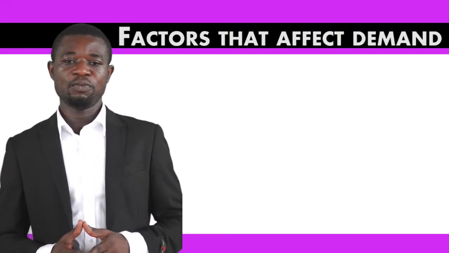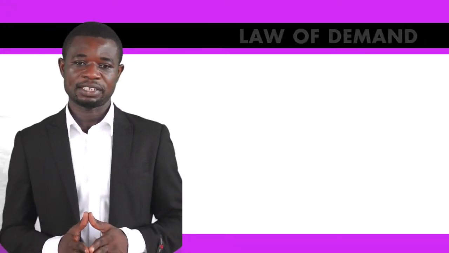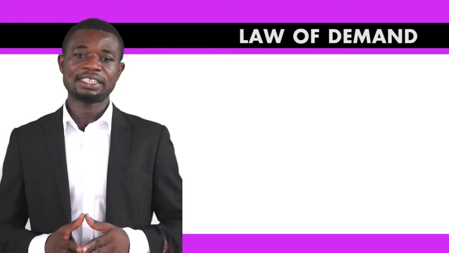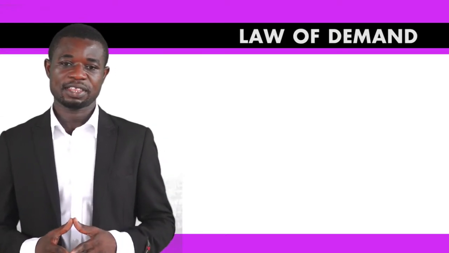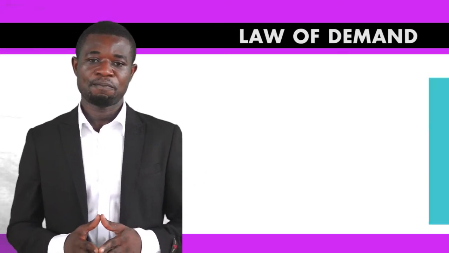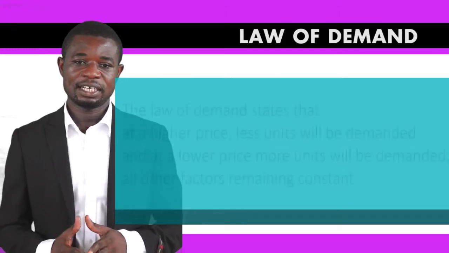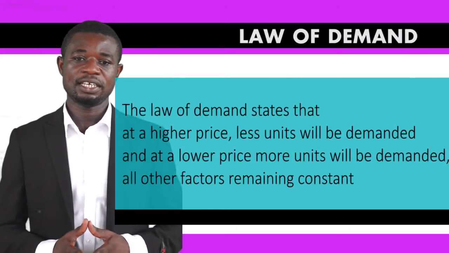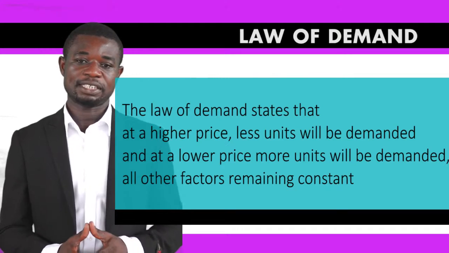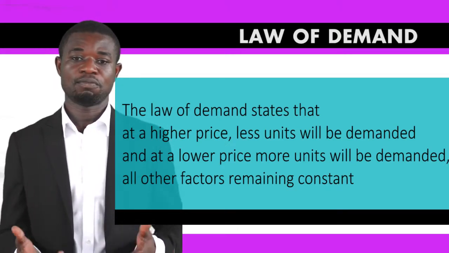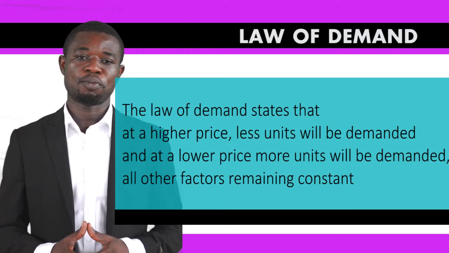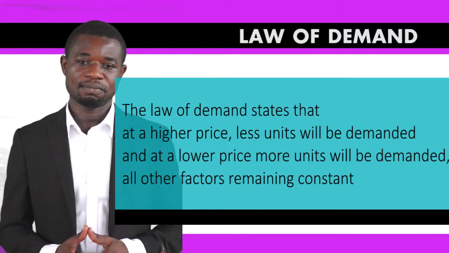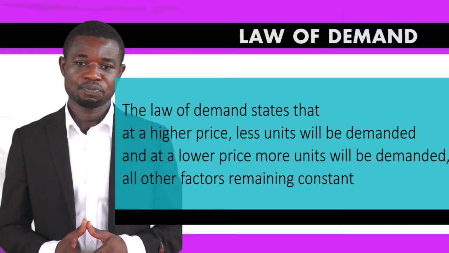The last thing we talk about is the law of demand. The law of demand, I guess we all are familiar with, says that at a higher price, less of the commodity in question will be demanded, and at a lower price, more of the commodity will be demanded. That is the law of demand.